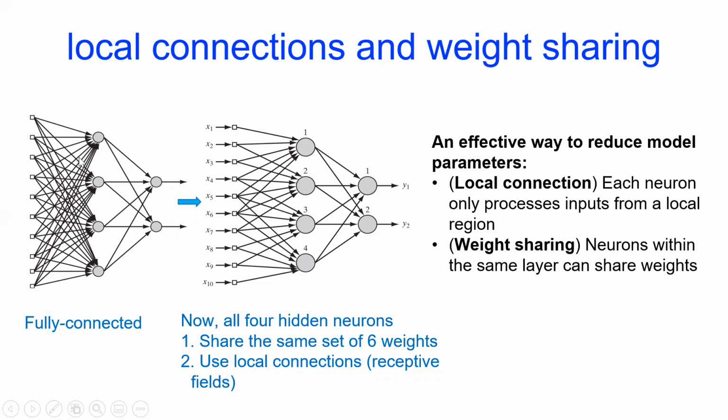Say you have maybe 10 nodes here, each of them has like 40 connections. But now we only need 6 weights to define the first layer. Are we okay with that?